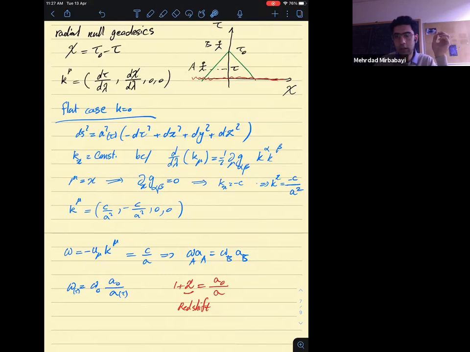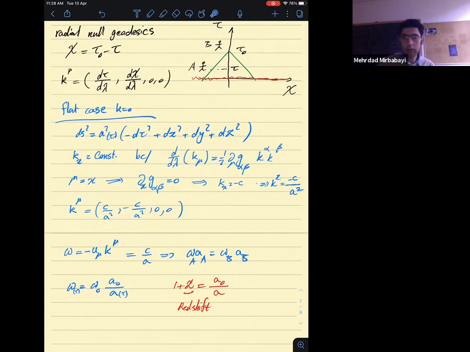If we have an agreement with Alice that she sends signals at some particular frequency, say at 1 eV, and we measure the signals that Alice sent to us at this time, and we see that those frequencies are 0.1 eV, we know that 1 plus z is equal to 10.